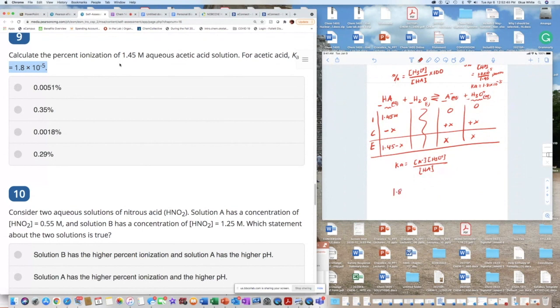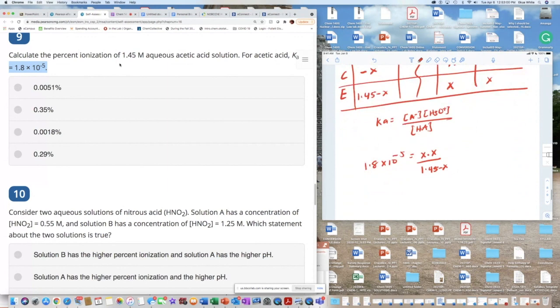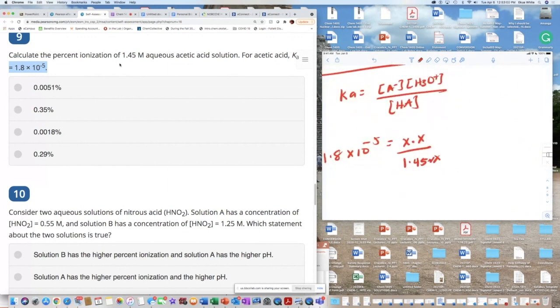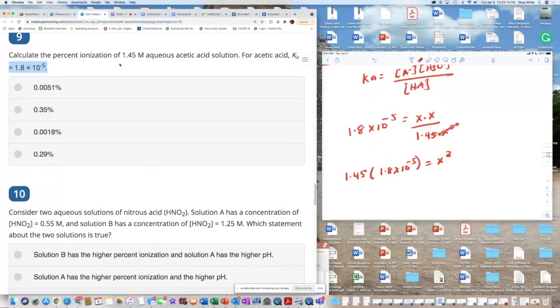I put here 1.85, oh, 1.8, no, 1.85. Brain focus, 1.8 times 10 to the negative 5 equals x times x over 1.45 minus x, okay? We said the 5% rule passes, so this minus x goes to 0. So essentially 1.45 times 1.8 times 10 to the negative 5 gives me x squared, okay?